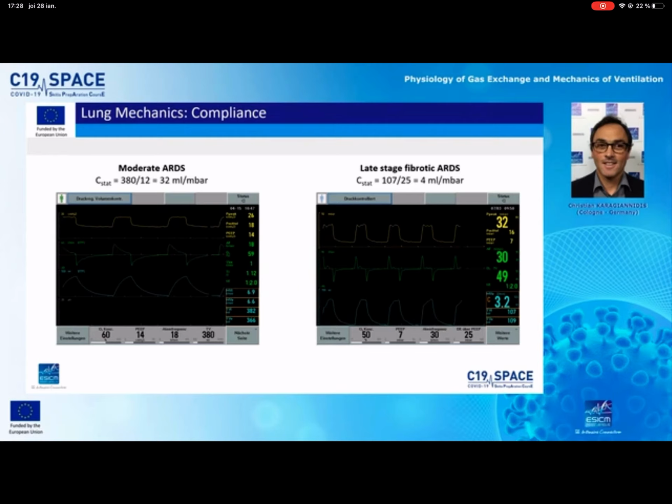If you look here, you have a tidal volume of around about 100 ml, and you have a driving pressure here once more of 25 millibar, and the resulting compliance is only 4 ml per millibar, which in turn means that this patient is very prone to die because this ARDS developed towards a severe end-stage fibrosis.